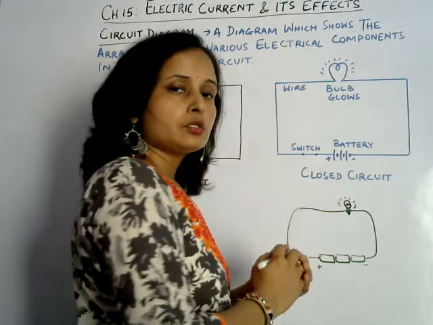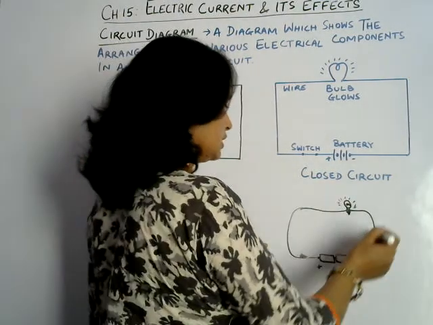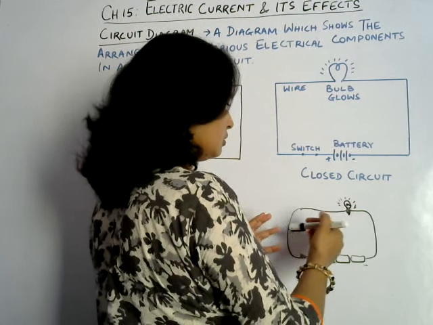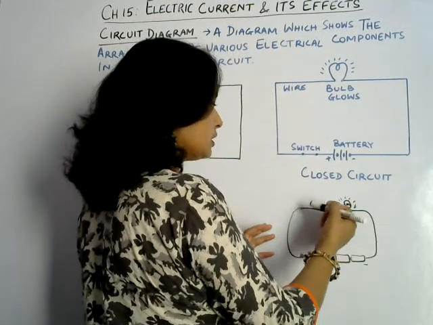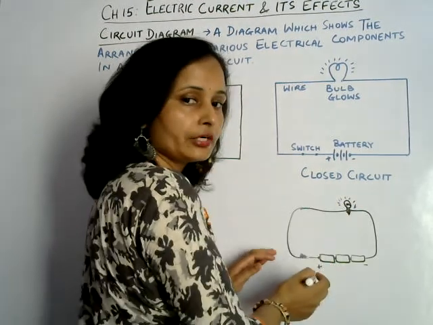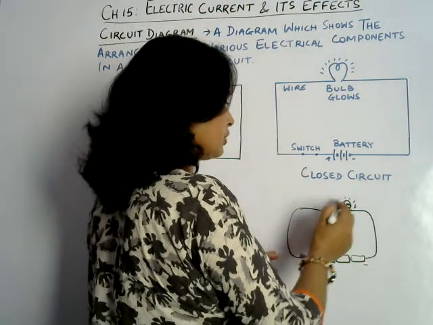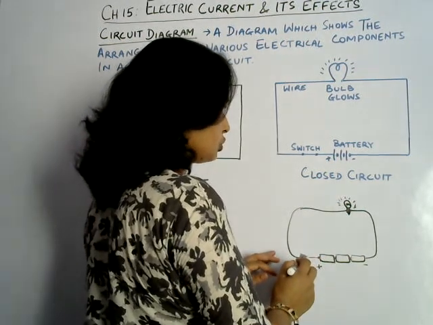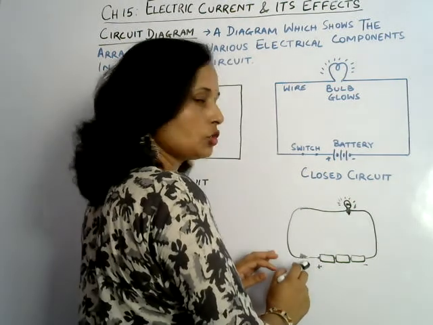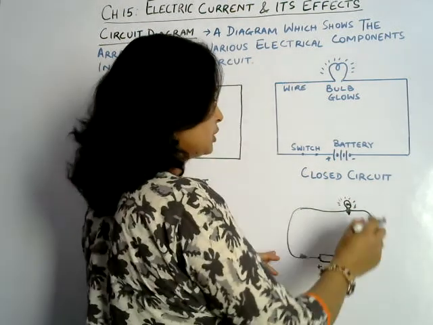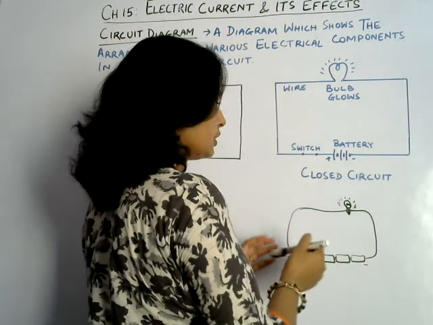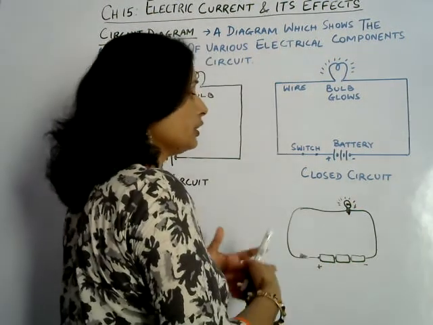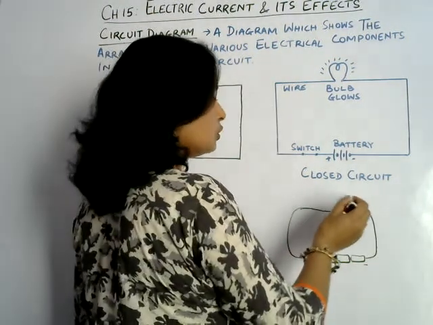Okay, so this is how we can arrange the different components of a circuit. What are these? Wire, bulb, battery, switch. So the switch is on here. When the switch is on, that kind of arrangement of circuit is called a closed circuit. Okay, so in a closed circuit the bulb can glow.